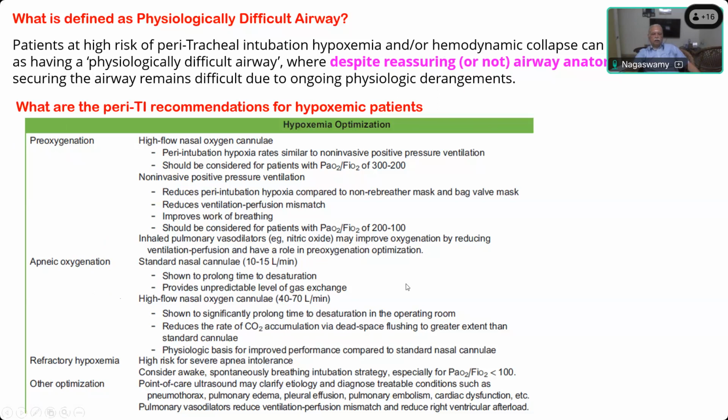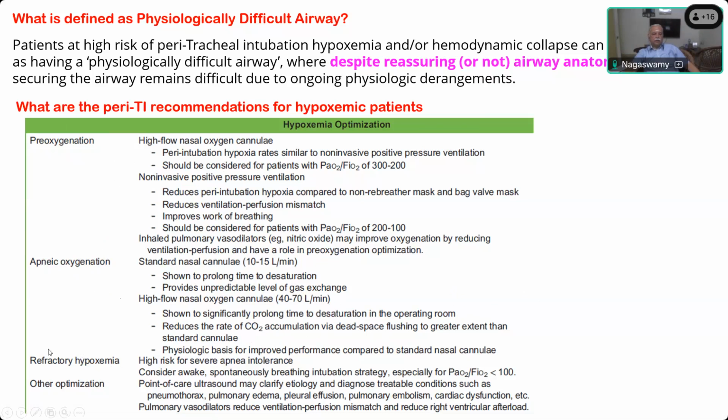Because there is a constant uptake of oxygen by the pulmonary circulation, a negative pressure is created, which causes the movement of the oxygen available in the upper airway towards the alveoli, and that keeps going without interrupting the oxygenation of the patient. This is the simple way of understanding apneic oxygenation.